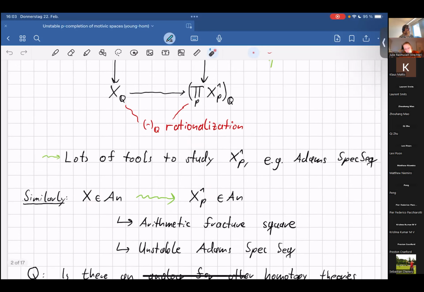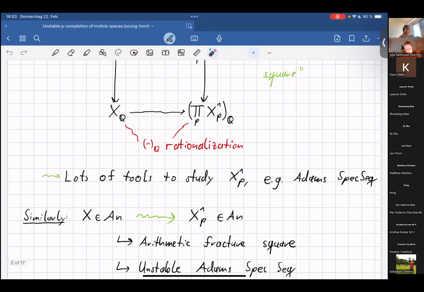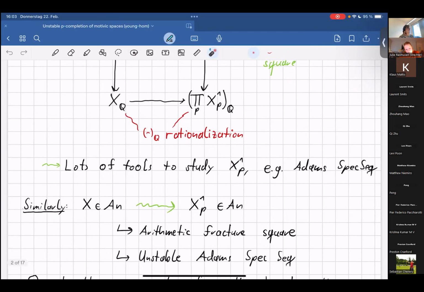For this, we also have a fracture square of this form, where we replace the spectrum X by the anima X, but then it's the same square. And we have an unstable Adams spectral sequence, which can compute the homotopy groups of this guy and so on.